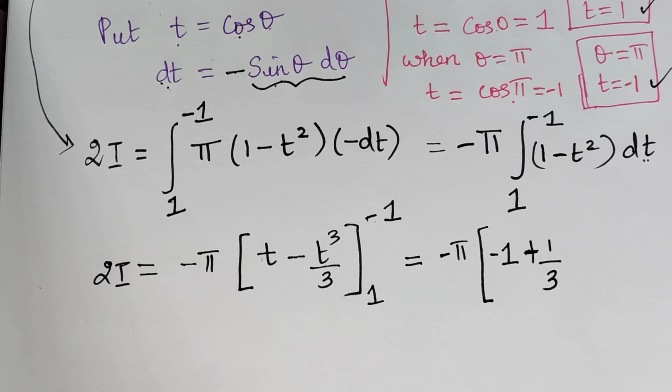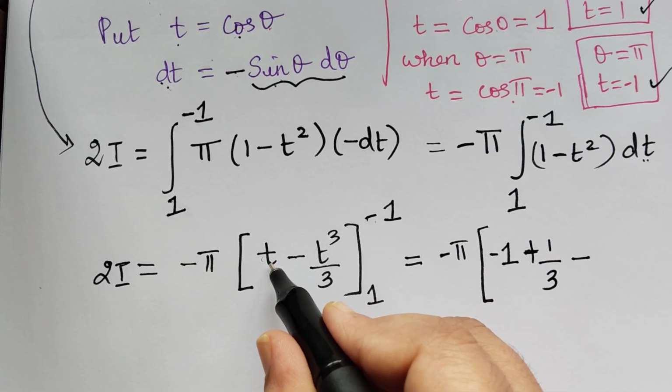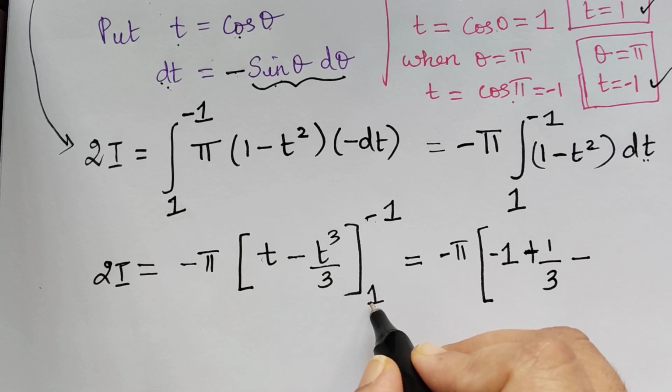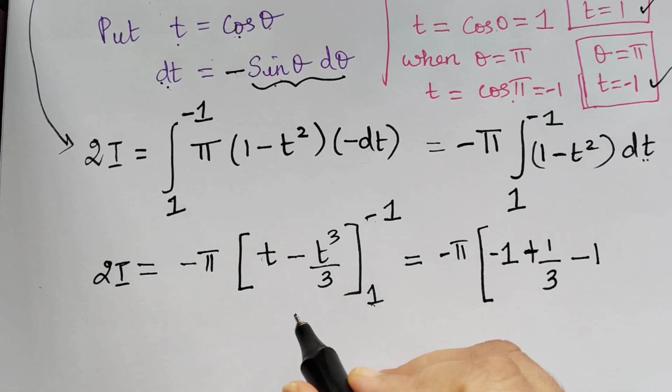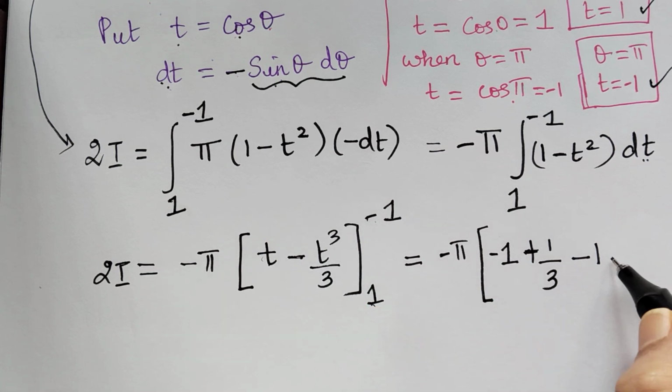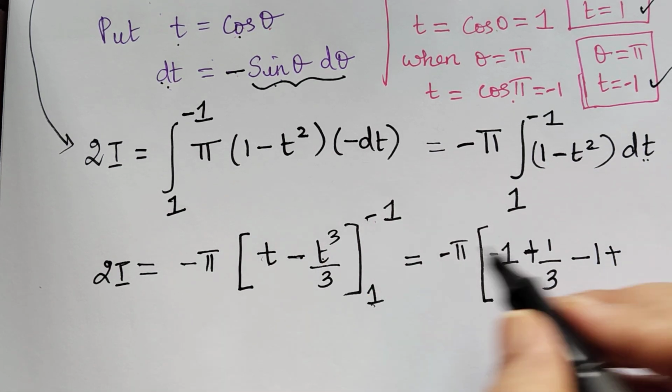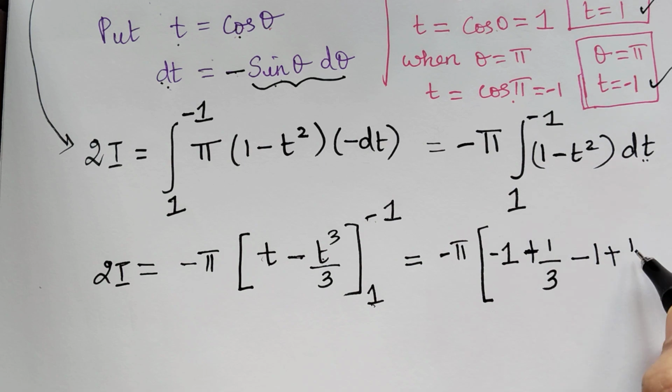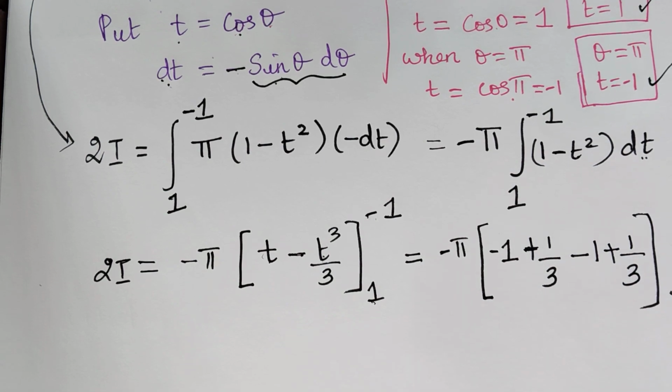So the upper limit is over. Minus the lower limit. If you substitute 1 here, you will have 1. And because it is minus, this minus into minus will become plus. So plus, again when you substitute 1 here, 1 cube is 1 only, so 1 by 3. So we get this.